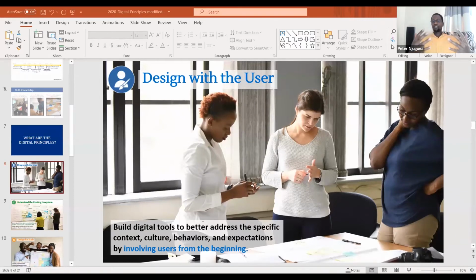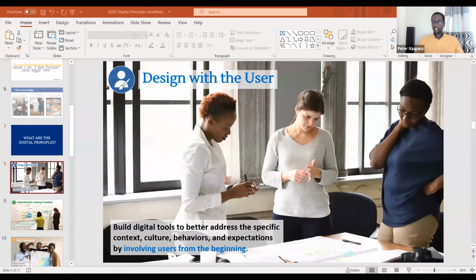Just like we mentioned, one of the problems was lack of coordination, and solutions being developed by development organizations and technology developers, packaged and taken to the end users, but facing challenges because the end users were not involved. So this principle is about bringing the users on board at the earliest possible stage.